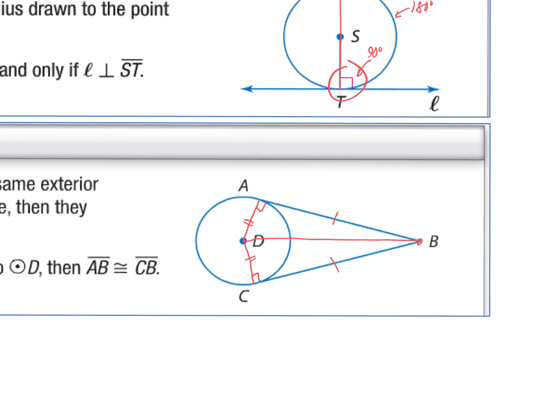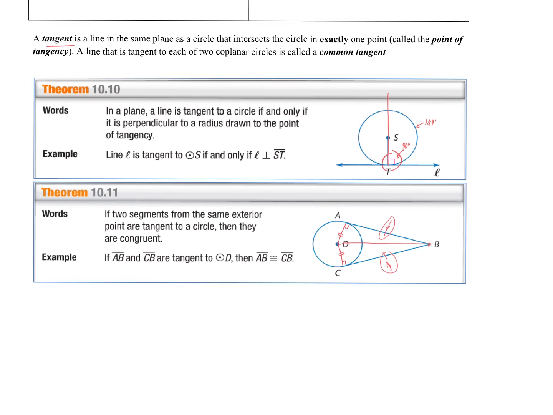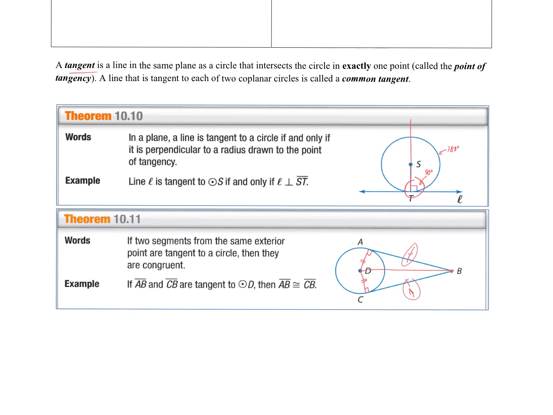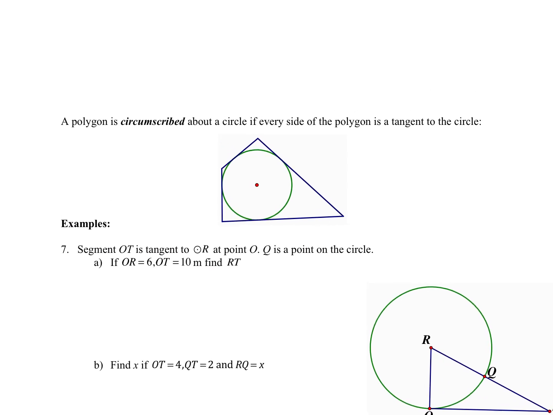Of course, I'm trying to prove that this is congruent to this. But I could, without knowing that, get that pretty quickly by knowing that I have congruent triangles here and here by, what would that be, HL? Yeah, HL would give me congruent triangles there, and then CPCTC gives me AB congruent to CB.